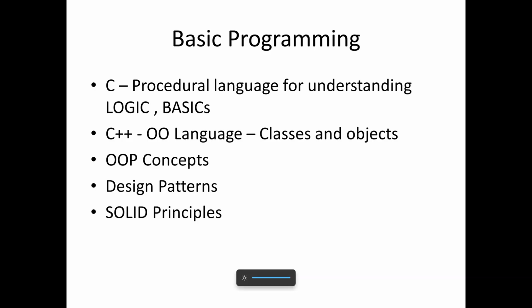So let's say one person is now good with C language. He understands how the compiler interprets the given set of instructions, the input, the processing, and the output. The next step is a little bit advanced, which is understanding object oriented concepts, meaning implementing functionality in the form of classes and objects. C++ is the best choice there, and with the help of C and C++ we can learn the OOP concept, object oriented programming.